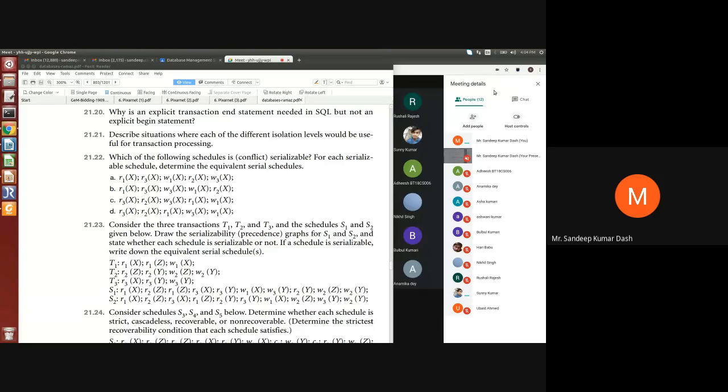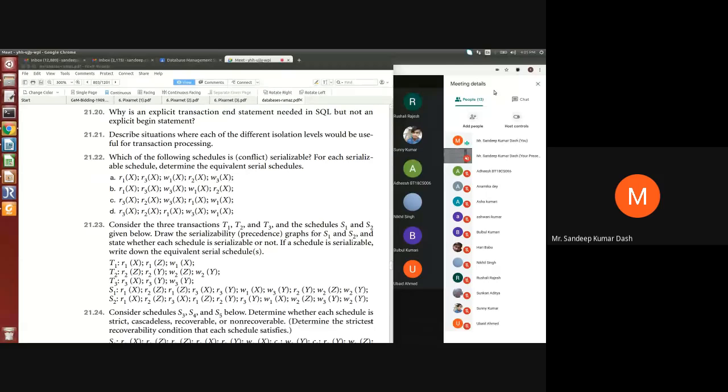Ved: According to me, C is serializable and all the rest are not. Sir, even I got C serializable. In B, by mistake I said it's serializable. It's also non-serializable. Okay. So that is the correct answer.